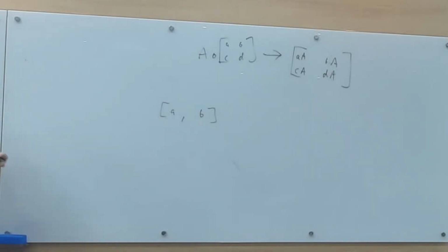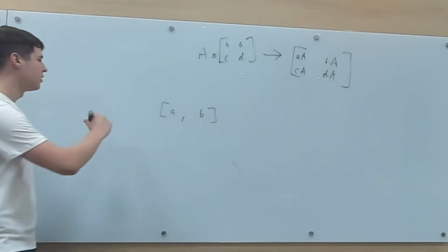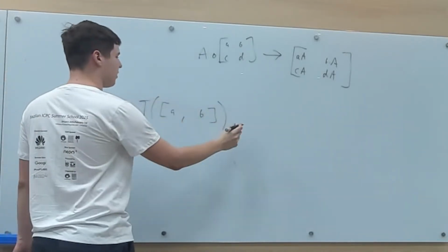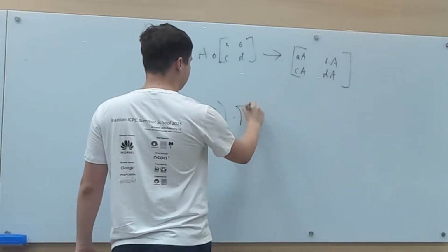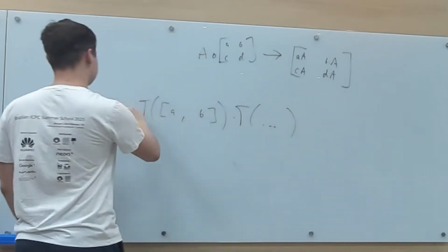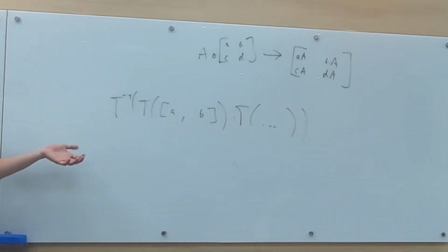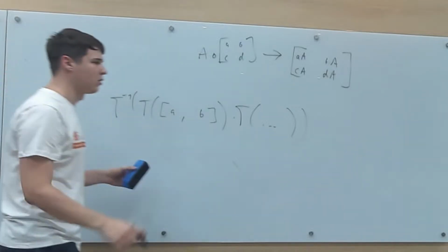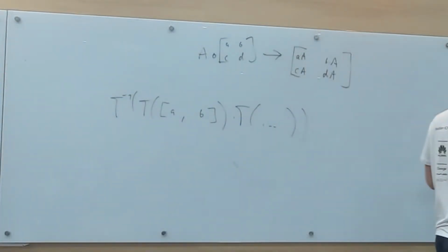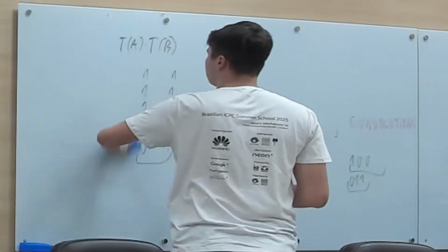And what we want is to go the usual way as with convolutions. We want to find some transformation t such that t of this pointwise times t of this, then t minus 1, gives whatever convolution we want. In that case, it's XOR convolution.